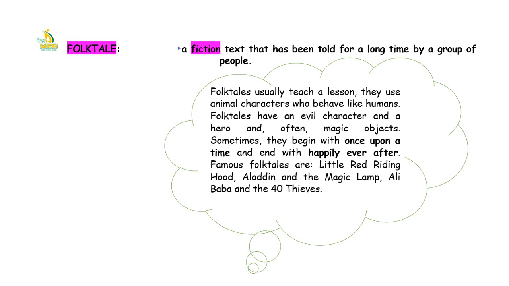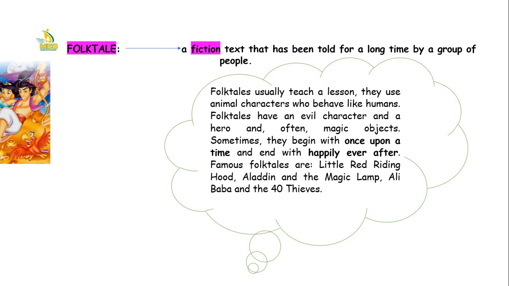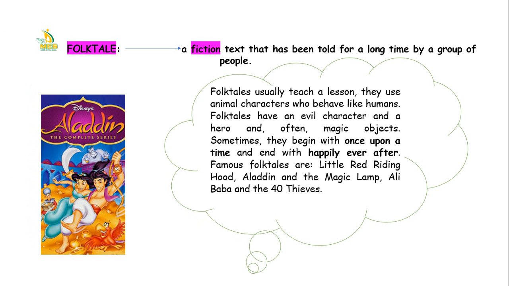Remember the end of Little Rabbit's Tale? The animals lived happily ever after. Famous folk tales, for example, are Little Red Riding Hood, Aladdin and the Magic Lamp, and Ali Baba and the 40 Thieves.